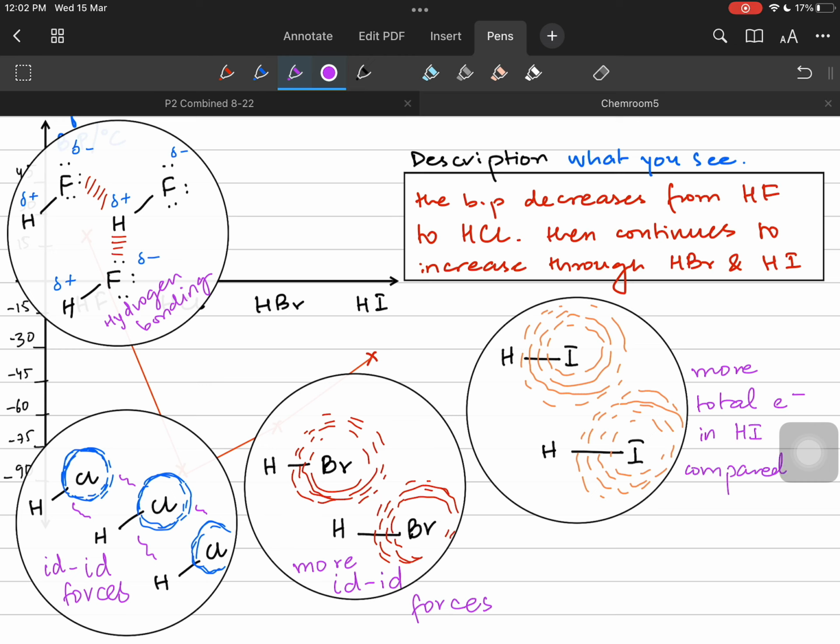So more total electrons in HI compared to HBr or HCl, and finally more ID forces. And that is how we explain the boiling point increment from HCl to HBr to HI.